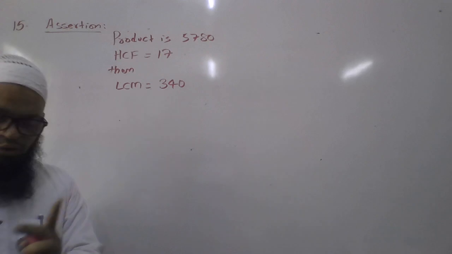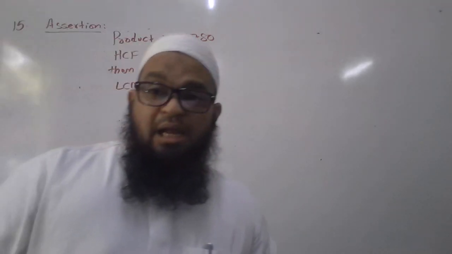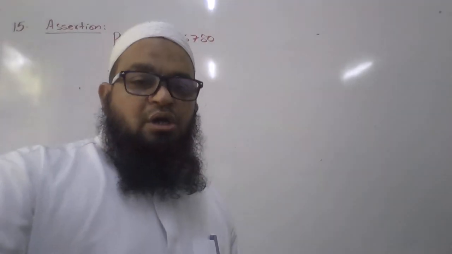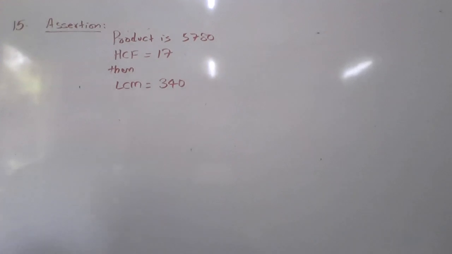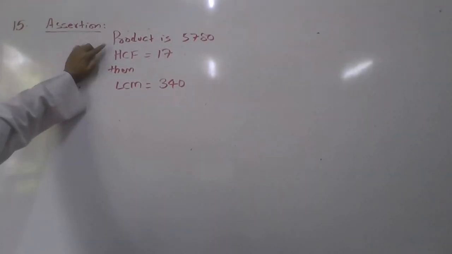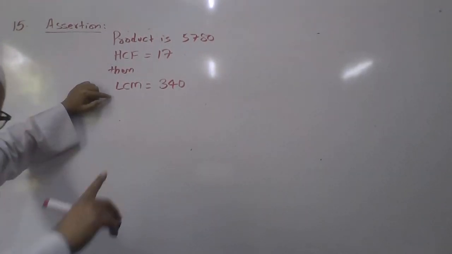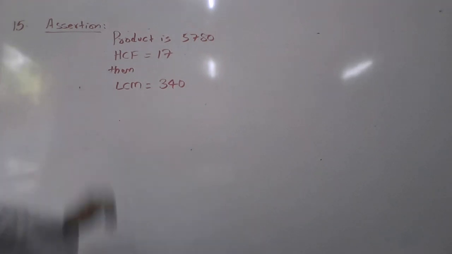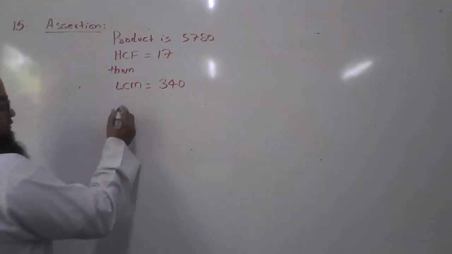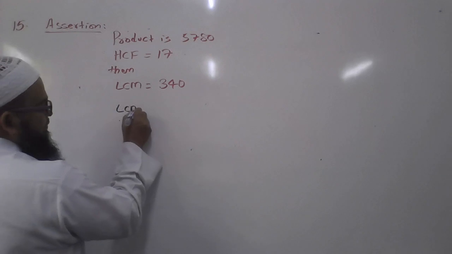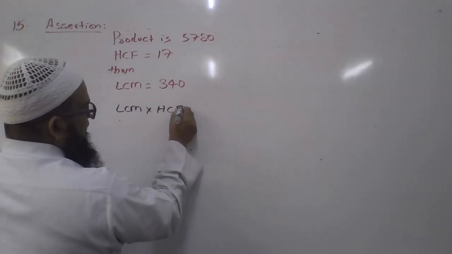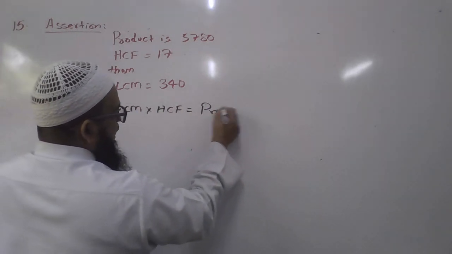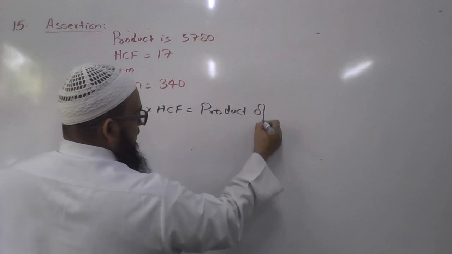Okay, so I'm not going to the reasoning first. Let me check with the assertion. What is the concept here? It is product, HCF and LCM. That means it is the first chapter, real numbers, and this is the connection between LCM and HCF. We know that LCM times HCF is equal to the product of numbers. Is it right?